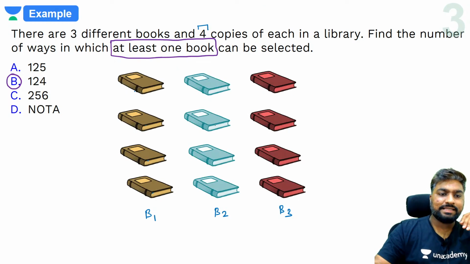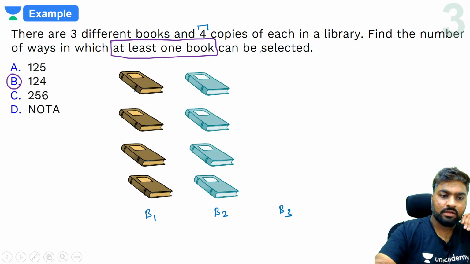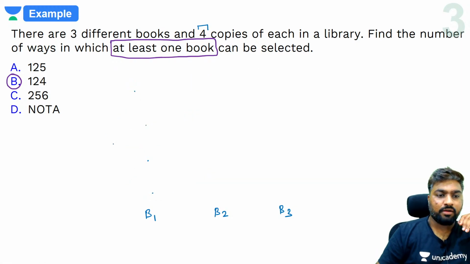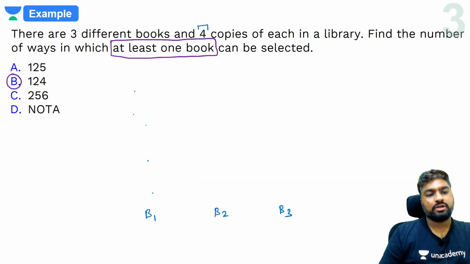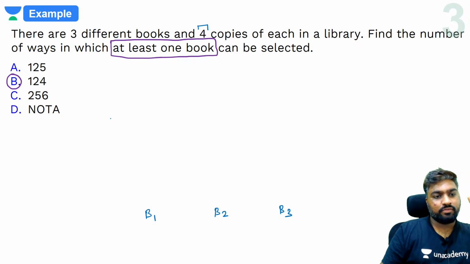So when this happens, what do you consider? For book 1, how many possibilities will there be?